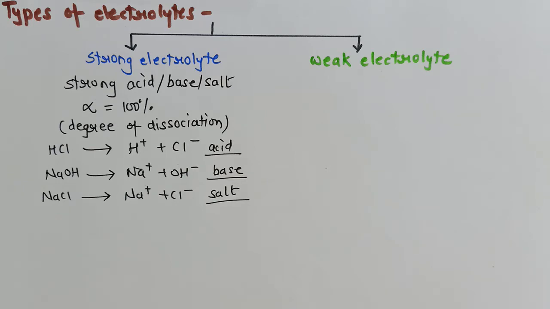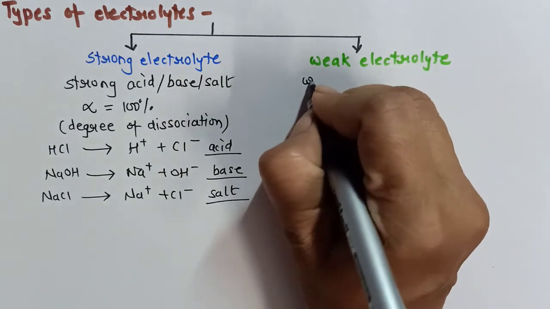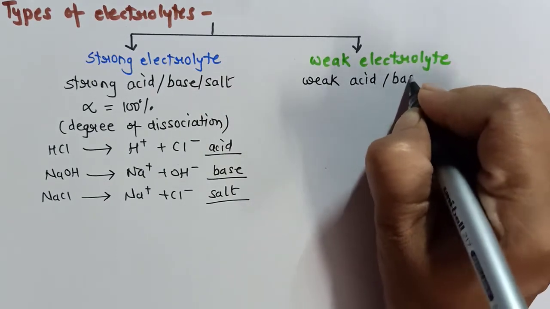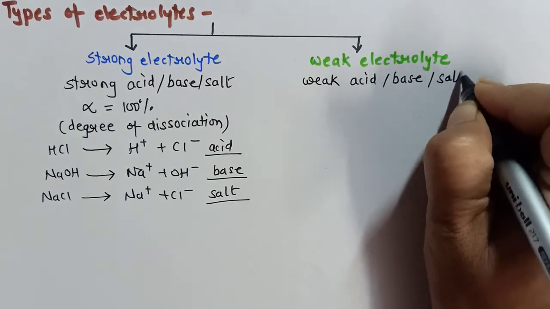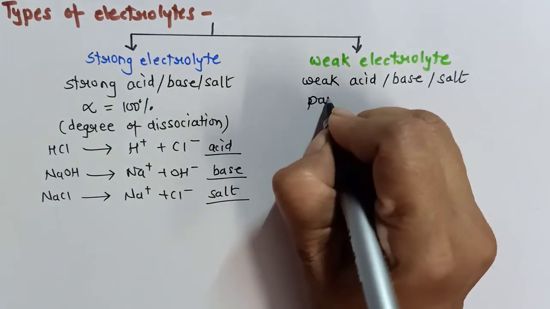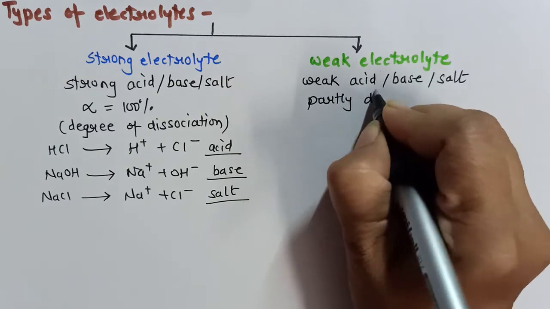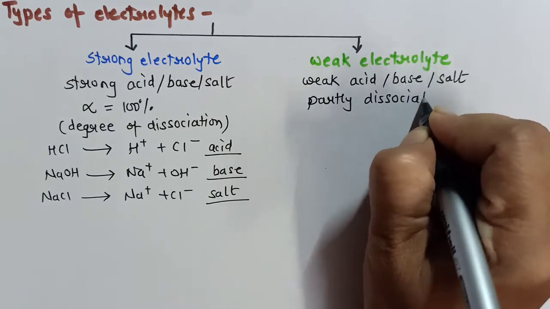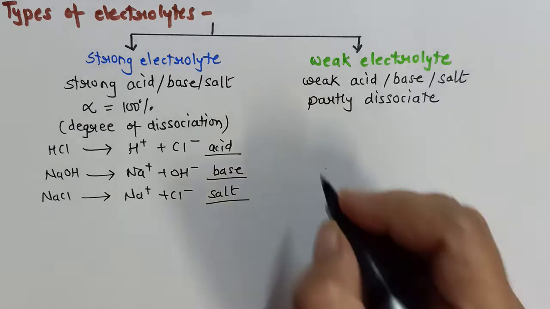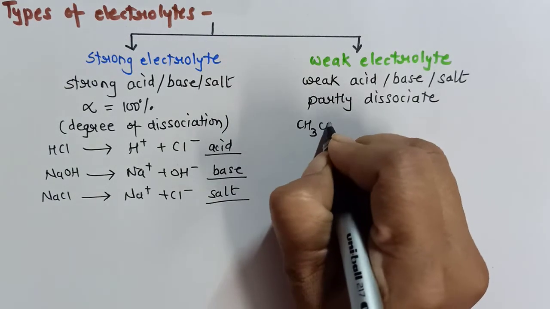On the other hand, weak electrolytes are those which are either weak acid, base or salt, and they partly dissociate. They do not ionize completely in the aqueous solution. For example, acetic acid.